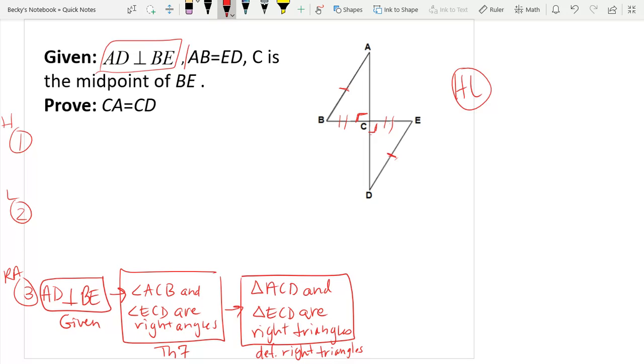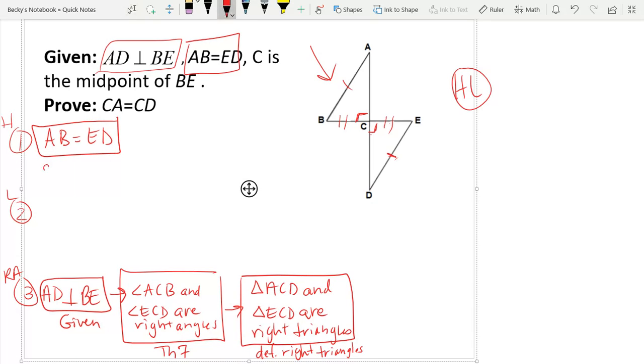Now, what did this next thing tell us? Is that a hypotenuse or a leg? And honestly, if it's in your proof, it doesn't really matter, but let's just talk about it. AB, oops, I'm on the eraser apparently. This is your hypotenuse. So I'm going to put it up here in step 1.